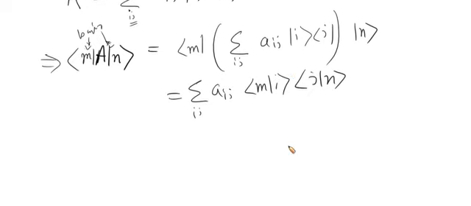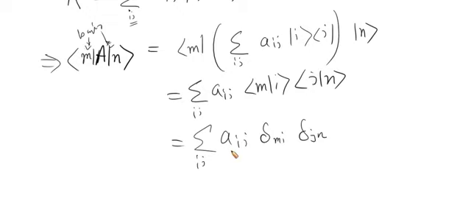Finally, you need to use the fact that our bases are orthonormal. So again you write the summation, this is delta mi, and this is delta jn, and you have two delta functions and two summations, so you can just get rid of them. You sum over these i's and j's, and the remaining indexes are m and n: you put m instead of i and n instead of j, so this will be just Amn.